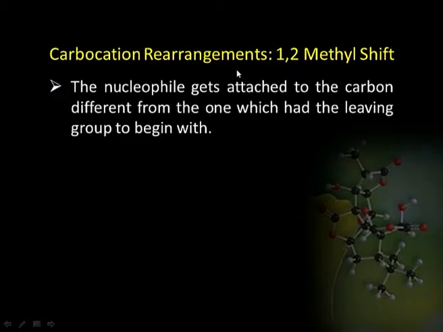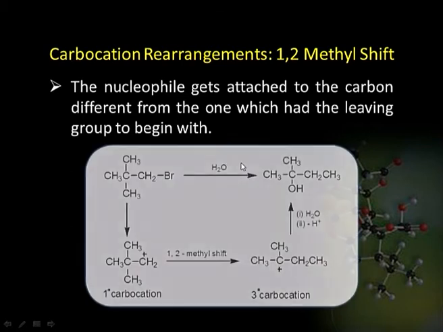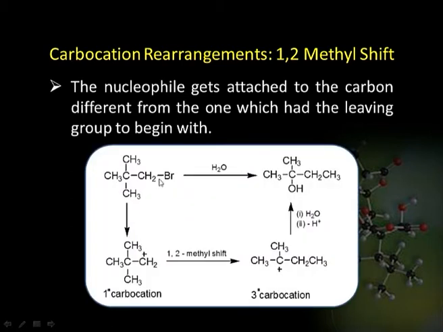The carbocation rearrangement may take place by a 1,2 methyl shift also. The nucleophile gets attached to the carbon different from the one which had the leaving group to begin with. So, here we see that we have a primary halide and it gives rise to a primary carbocation, but because a primary carbocation is not that stable, it undergoes rearrangement and gives a tertiary carbocation by means of the methyl group shift.